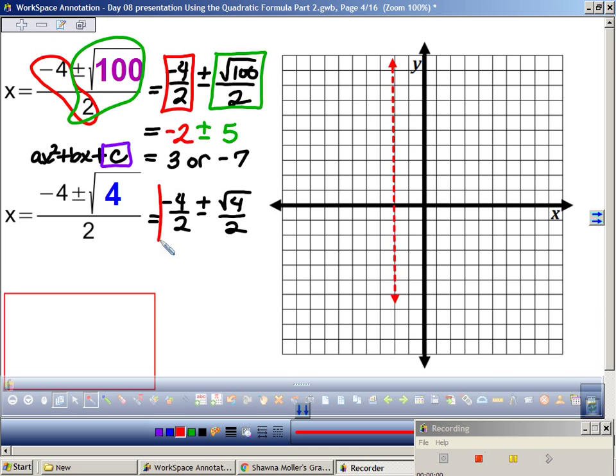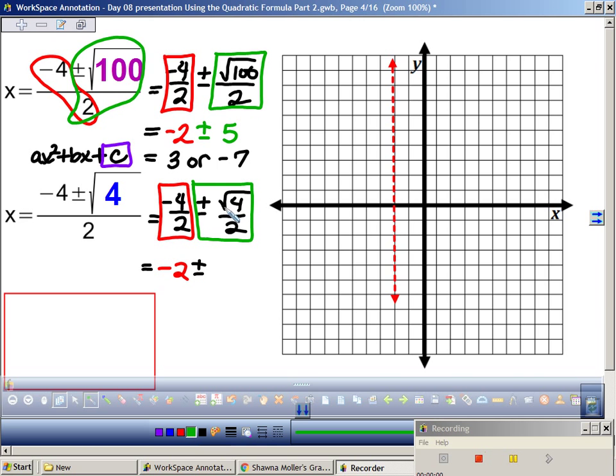So here's my axis of symmetry, and here's how far away from the axis of symmetry I'm going to go. So I would say my solutions are at -2, excuse me, I want to put that in color, -2, and then I'm going to go plus or minus.